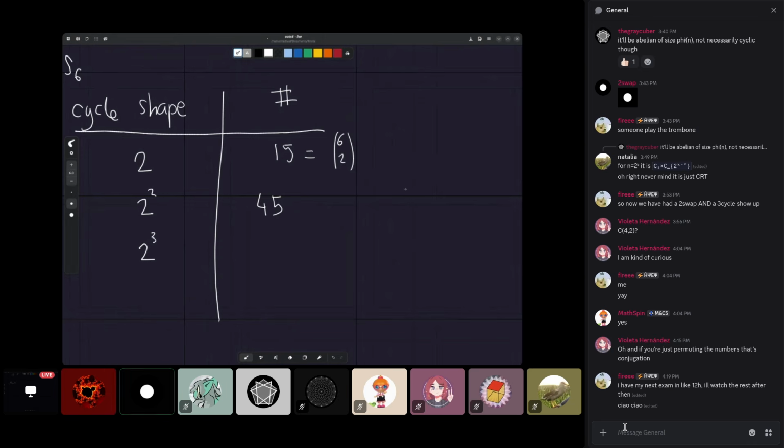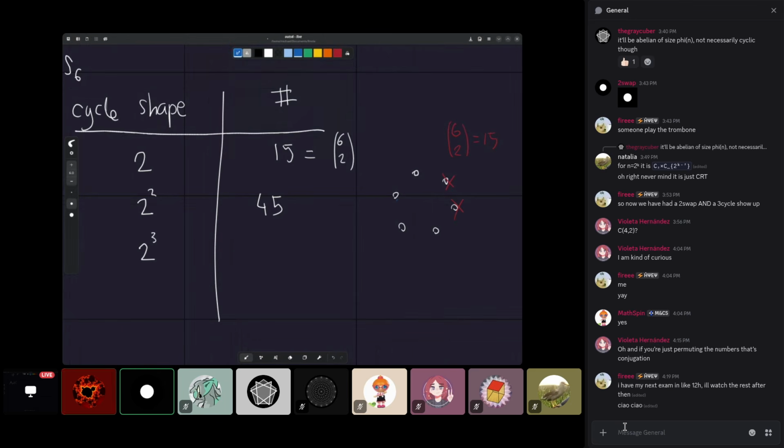So I guess I'll give mine. There's going to be two things that are not in a cycle of order 2, and that leaves 4 things remaining. So there's 15 possible pairs of things that don't get mapped anywhere. And then among the remaining 4, there's 3 possible pairings between them.